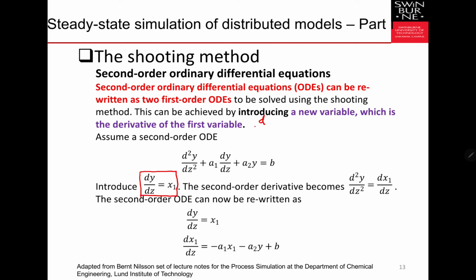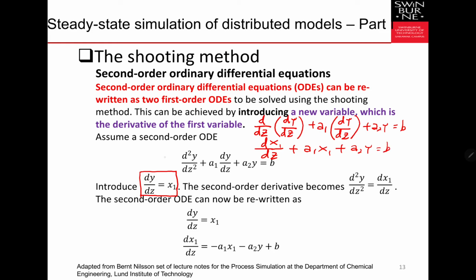Then we can change these equations in terms of this. d2y over dz2 plus a1 dy over dz plus a2y is equal to b. Putting that in, we will get dx1 over dz plus a1 x1 plus a2y equal to b. So the first equation will be the one written here.